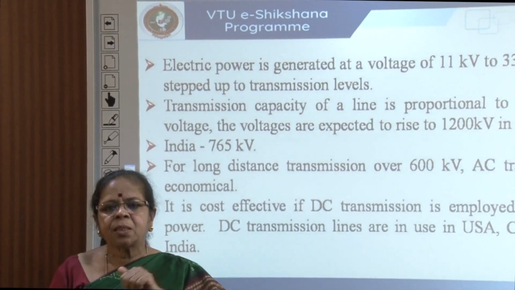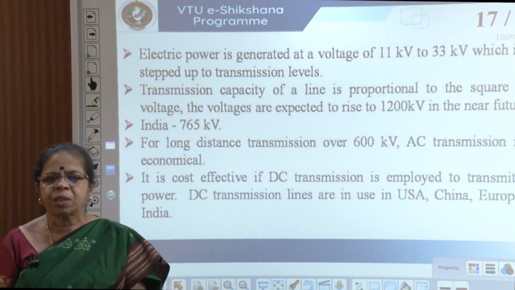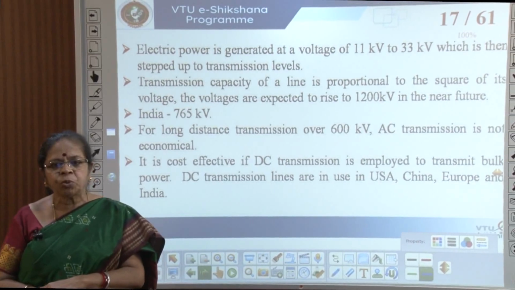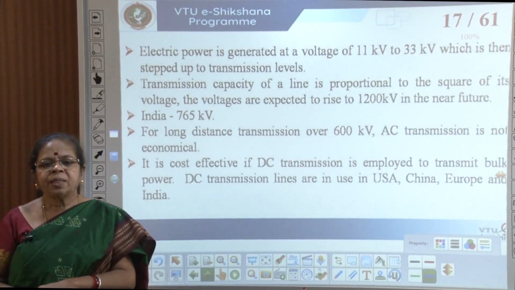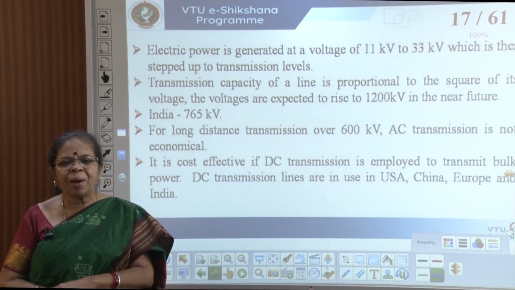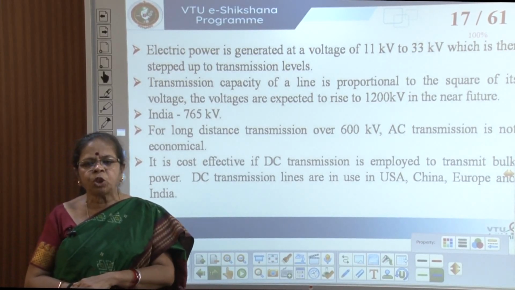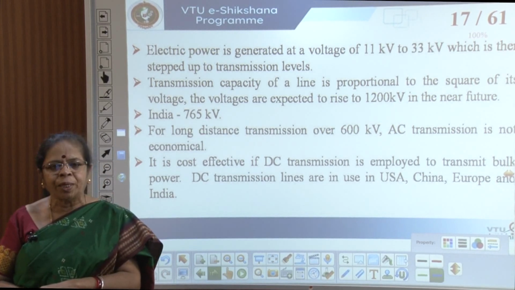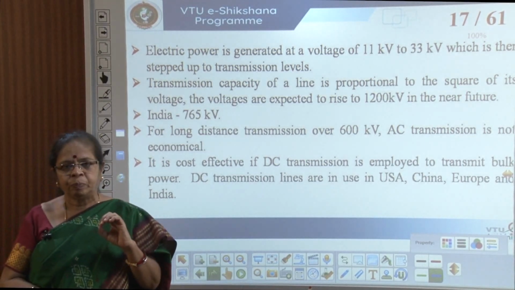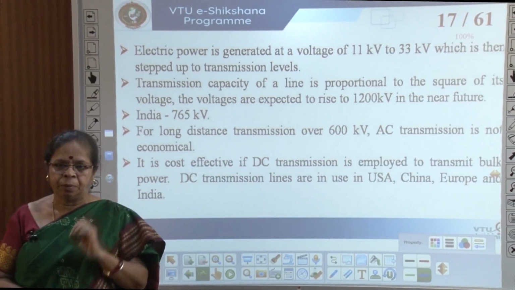So, this is just a recap of what the diagram says. The electric power is generated at a voltage of 11 to 33 kV and stepped up to transmission levels. The transmission capacity of a line is proportional to the square of its voltage. When you talk of transmission capacity, you are talking of the power.